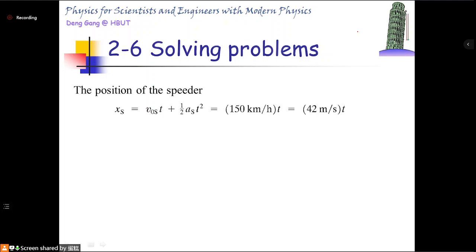This part is 0, and v0 is 150 kilometers per hour, which is equal to 42 meters per second. We need to transform all the units into international units.